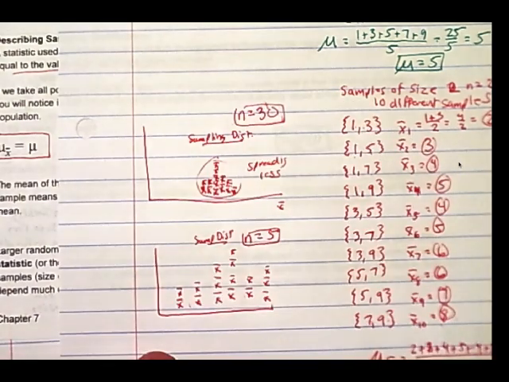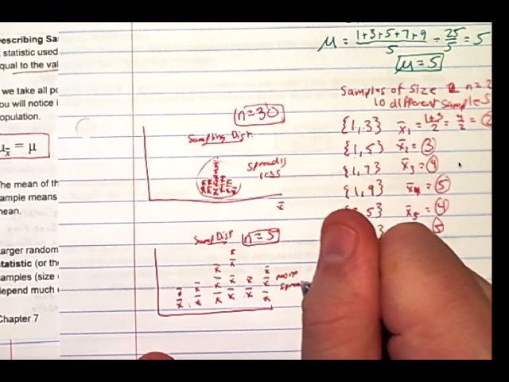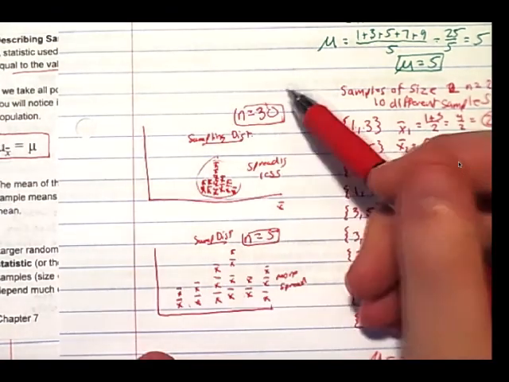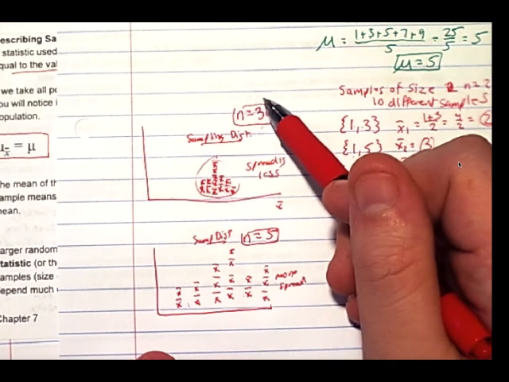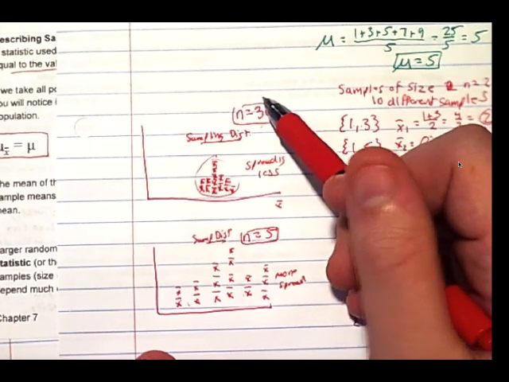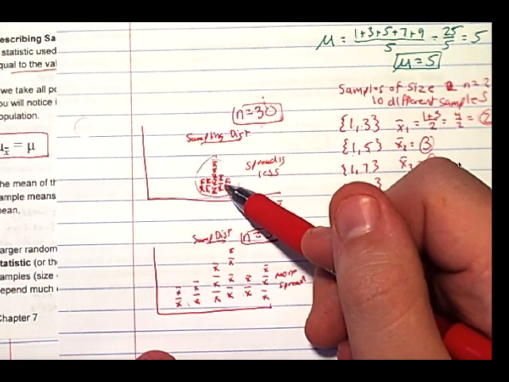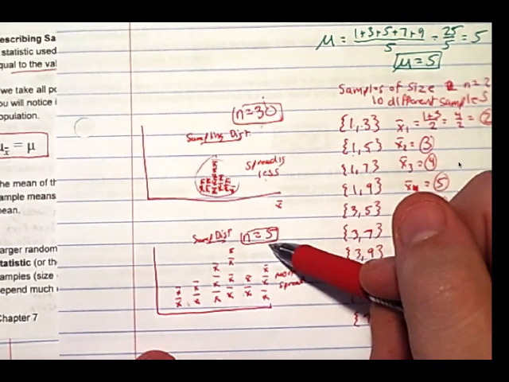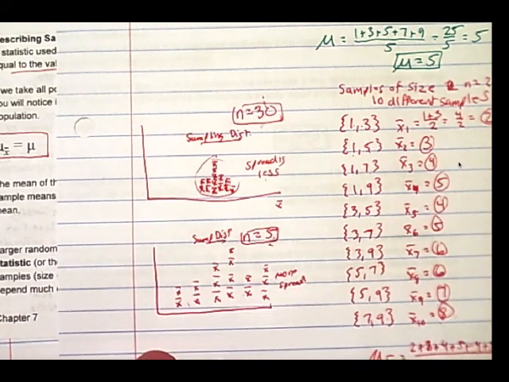This one has more spread. And so it's an inverse relationship between spread and sample size. As sample size goes up, as there's more people in each sample, the spread gets more condensed, it gets smaller. And vice versa. If sample size is small, your spread's going to be pretty big in terms of a sampling distribution.